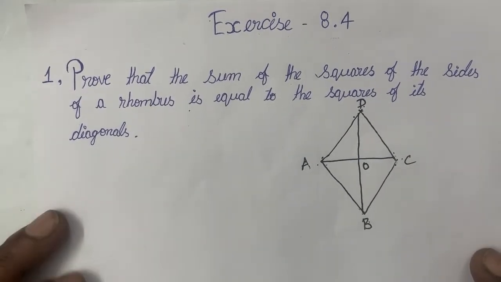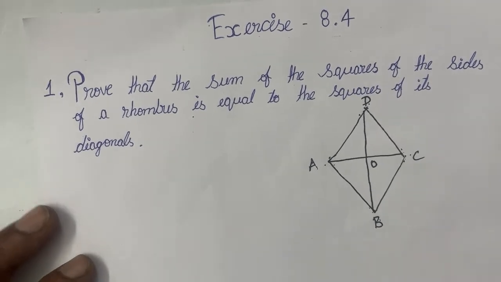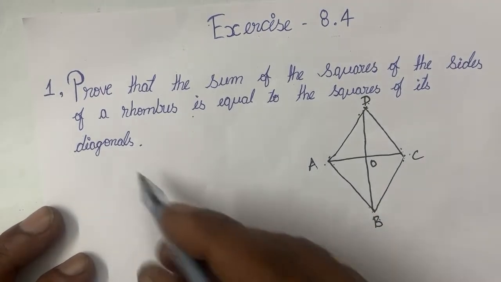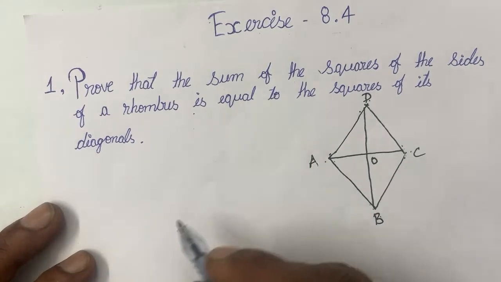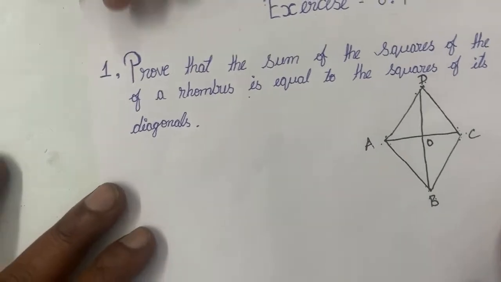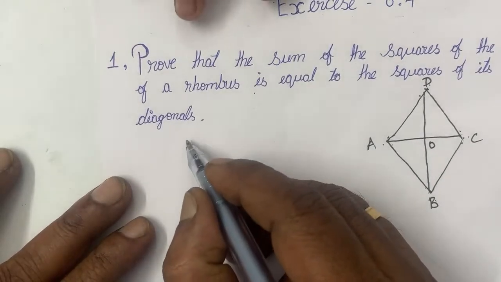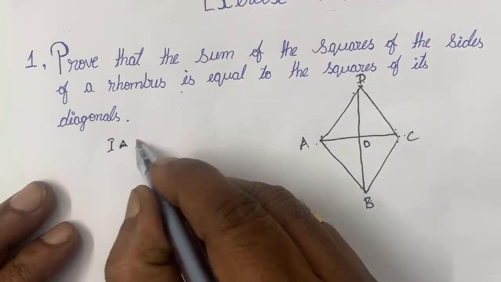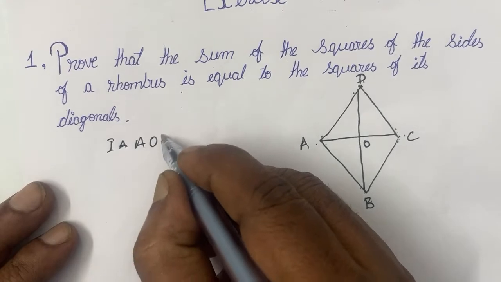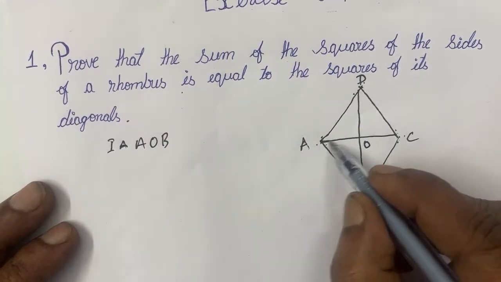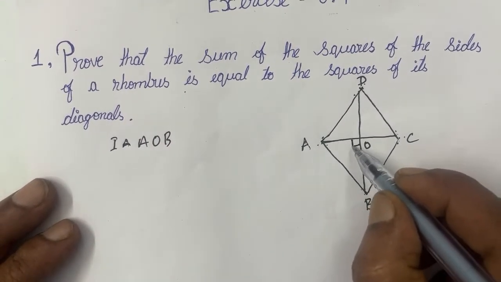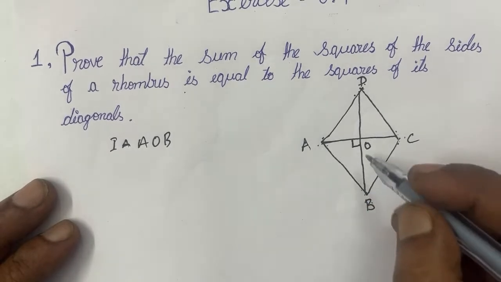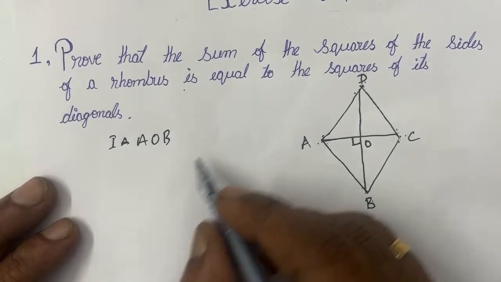So first I am taking the triangle AOB. In the triangle AOB, this is the triangle where it is making a right angle here.